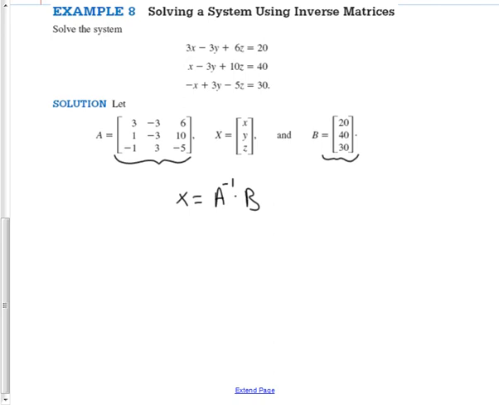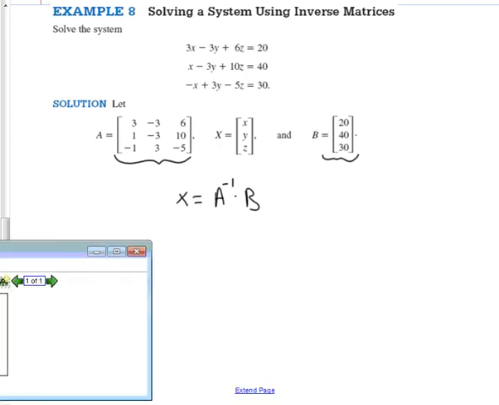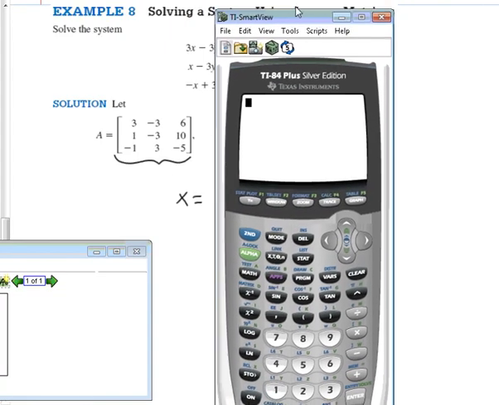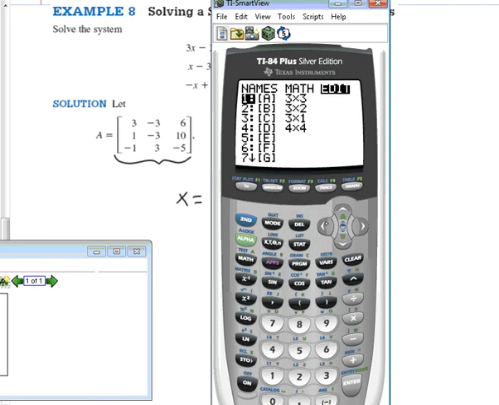I need to get my calculator up, and I'll start entering. Second matrix. We're going to edit that first matrix. It's a 3 by 3, so that all looks good.